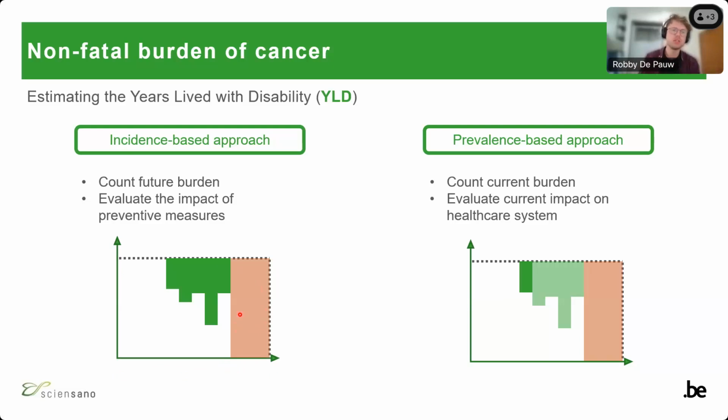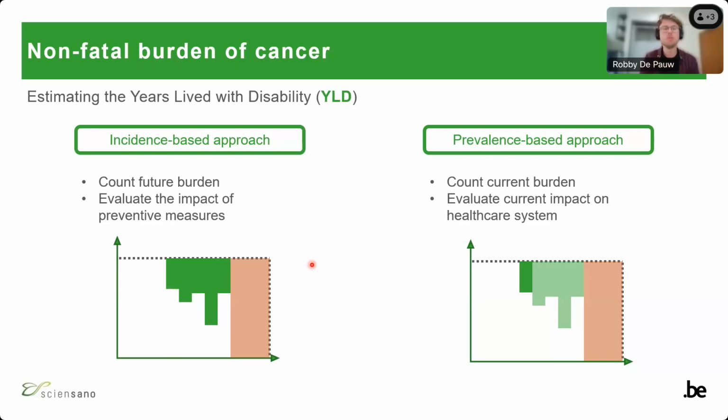So this is not yet included, or is not counted in this incidence-based approach for the YLD component. And then the green part is what you lose in quality of life while still surviving with cancer, but that is lost due to living with the disease and due to morbidity. And as you can see, if one bar is 1 year, if you look at the incidence-based approach, then of course you count the different years to come as well.